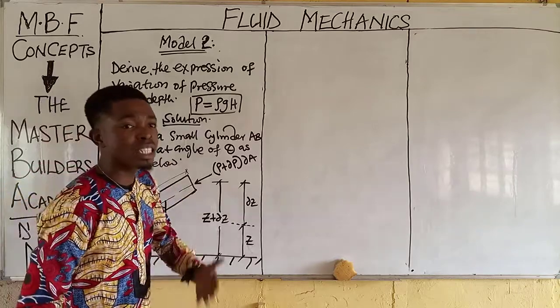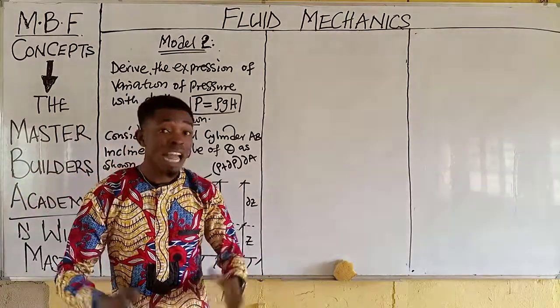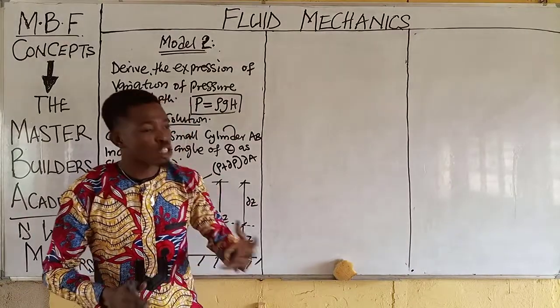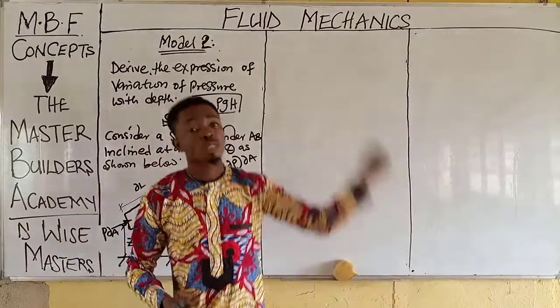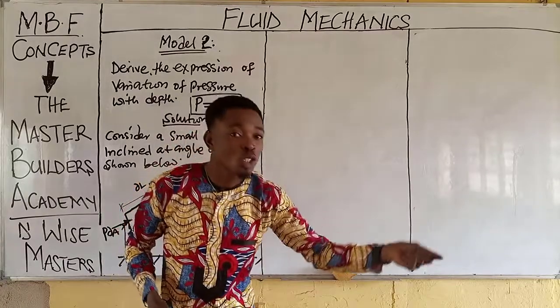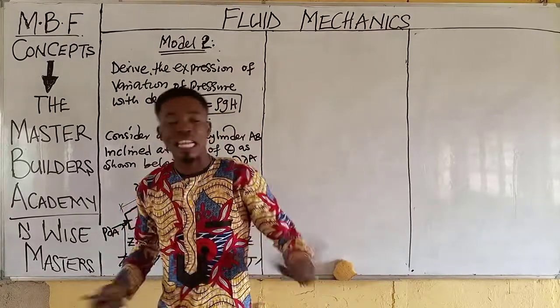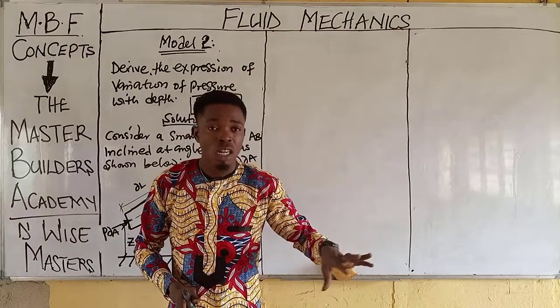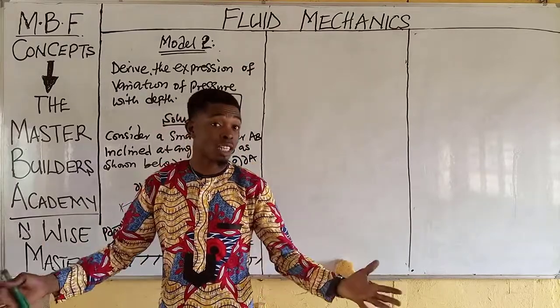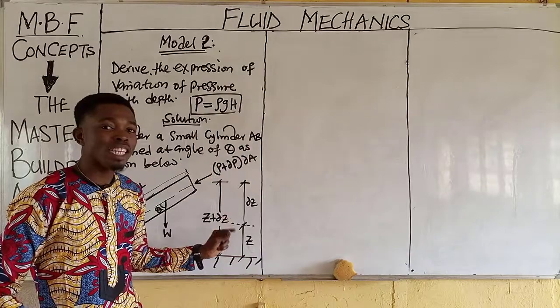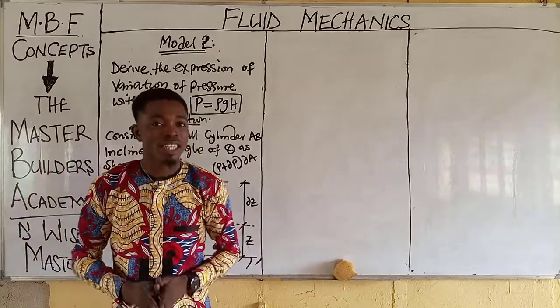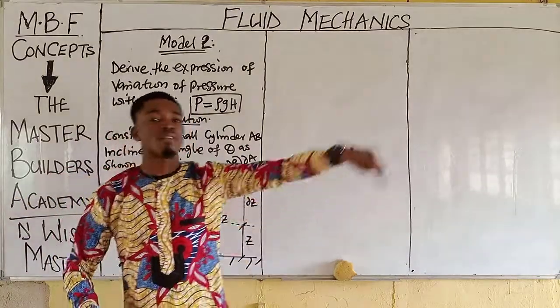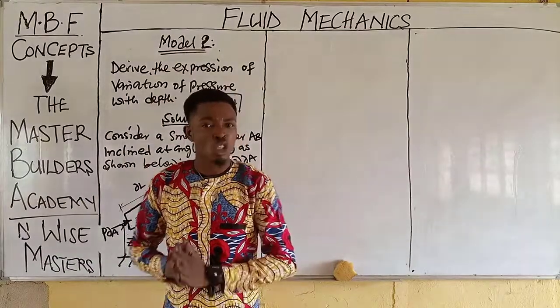Because scalar quantities are without direction. They only have magnitude, while vectors equally have direction. So any quantity that does not have direction cannot be resolved. Pressure is one of those quantities, and this is one of the reasons why we don't resolve pressure.